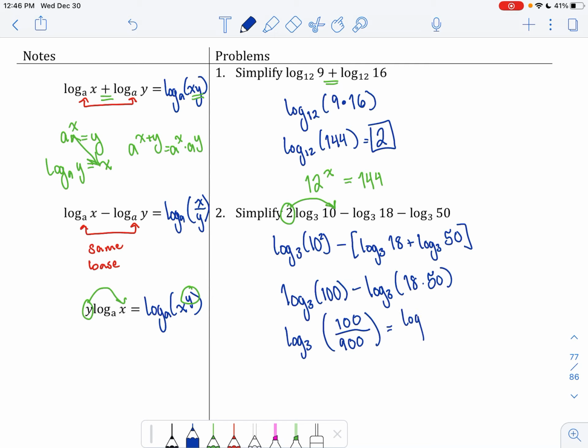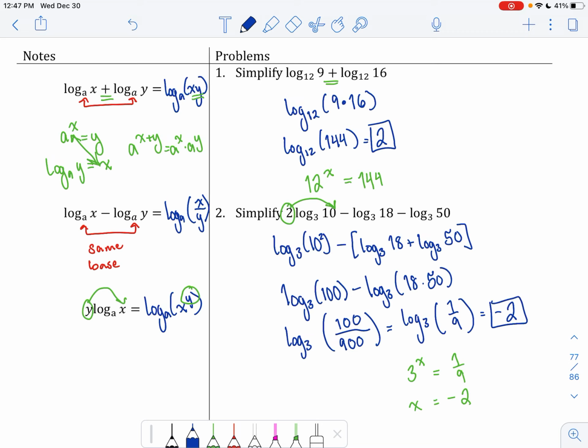Simplify from there, log 3 of 1/9, and now we're at the point where we can actually simplify that without the log, since we have 3 to what power is equal to 1 over 9. Well, that means we know that x is a negative, since it's a fraction. And then 3 to what power is 9 becomes the question, and it's 2. So our final answer here is negative 2.